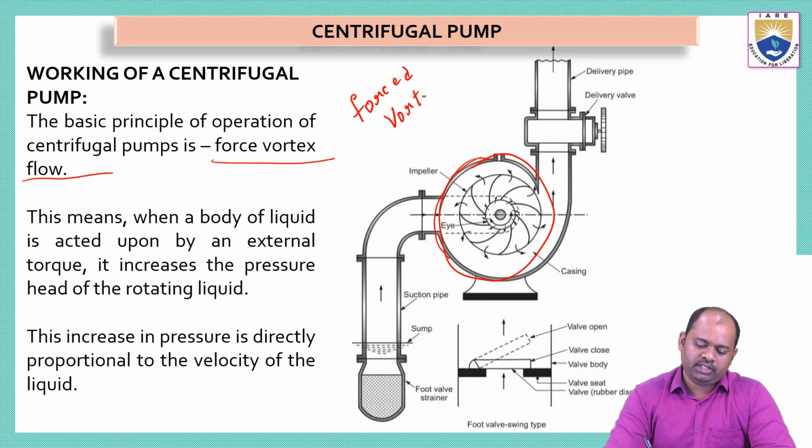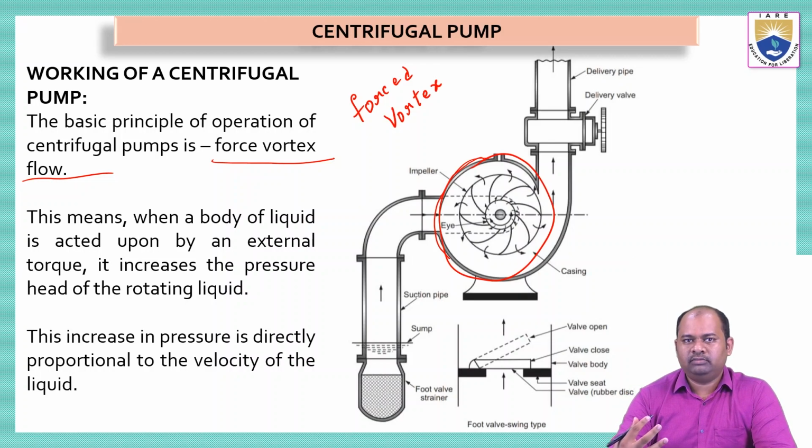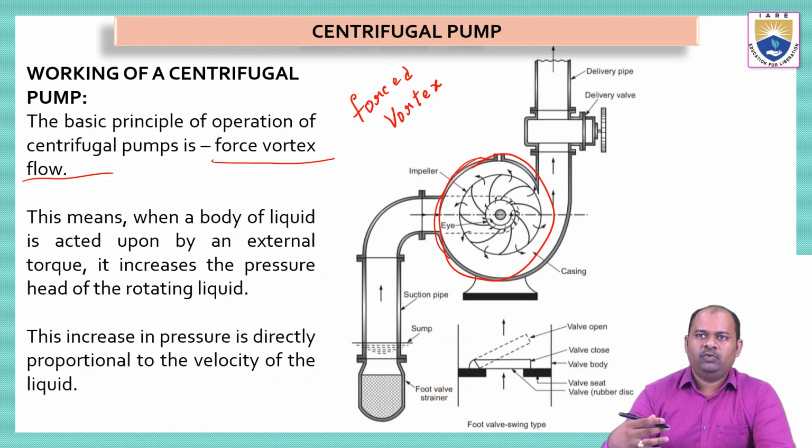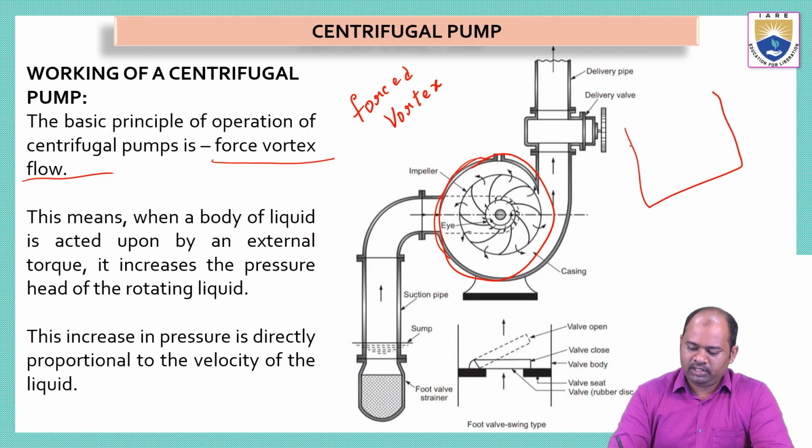First of all, we should know what a vortex is. Whenever we try to rotate water, it forms a circular motion, and at the center we can see the formation of a vortex, like a circular cylindrical shaped formation. Suppose this is a bucket and I have water in it.